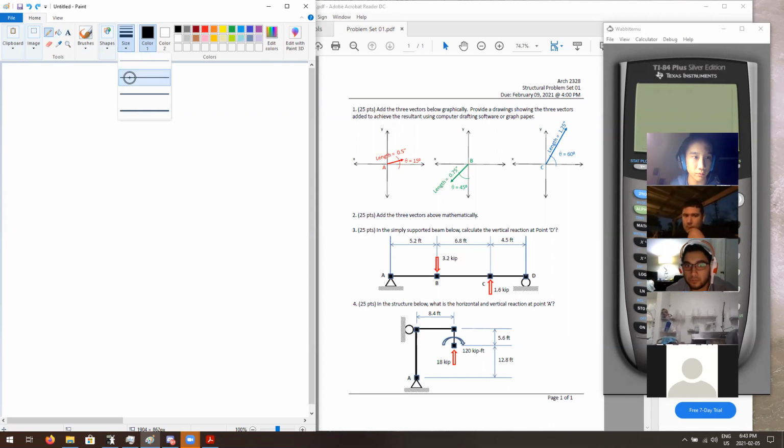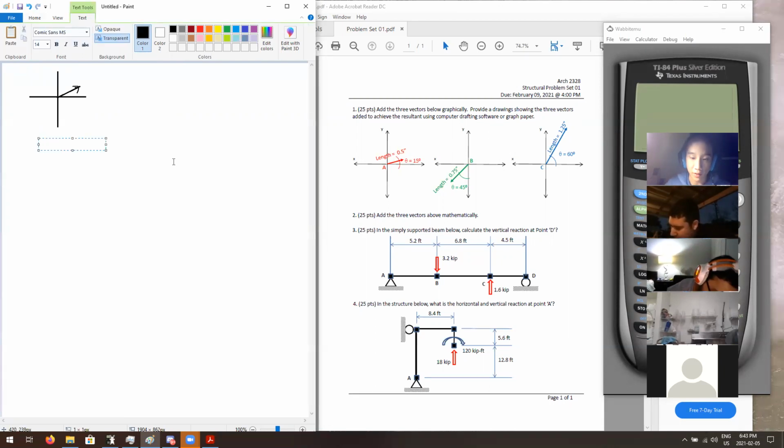Okay. So vector A is, bam, bam, bam. I'm gonna draw a little arrowhead right there. It has a length of, I'm just gonna use F because F equals force.